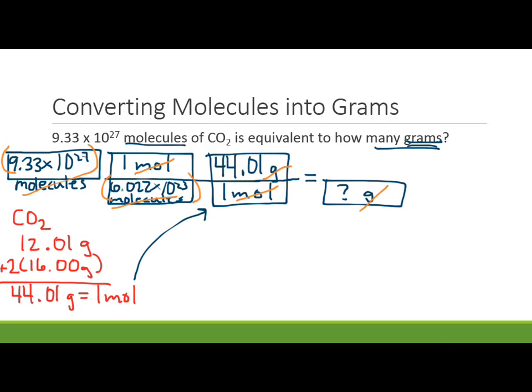So I'm typing in 9.33 times 10 to the 27th times 1 times 44.01, and I'm going to divide that entire thing by parentheses 6.022 times 10 to the 23rd, times 1, and let's see, this actually comes out to be a huge number. 6.81855. Well, that's pretty big, right? This is in grams because that's what my unit is up here.